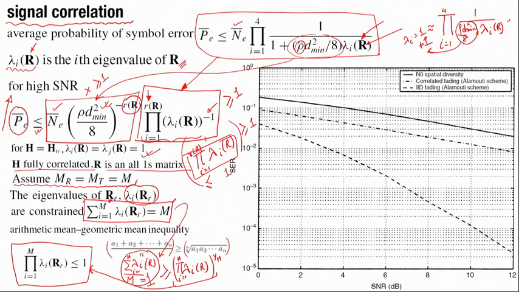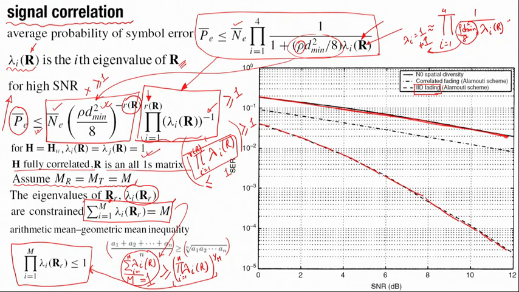So to check the performance, what we see is that under no spatial diversity, we get the SISO link. This line that I am drawing is the one which is without any spatial diversity, and the new curve that I am tracing is the one which is with IID, that means independent identically distributed fading, which means there is no correlation.